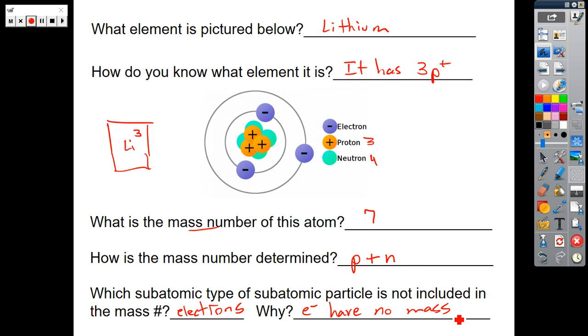If I say they have no mass, that's not exactly true, but they have so little mass it doesn't matter. So the mass is essentially 0 for electrons. Okay? All right, so to recap, we know it's lithium because it's got 3 protons. The mass number's got to be 7 because the mass number is the protons and the neutrons added together. And the electrons are not in the mass number because they don't weigh anything.